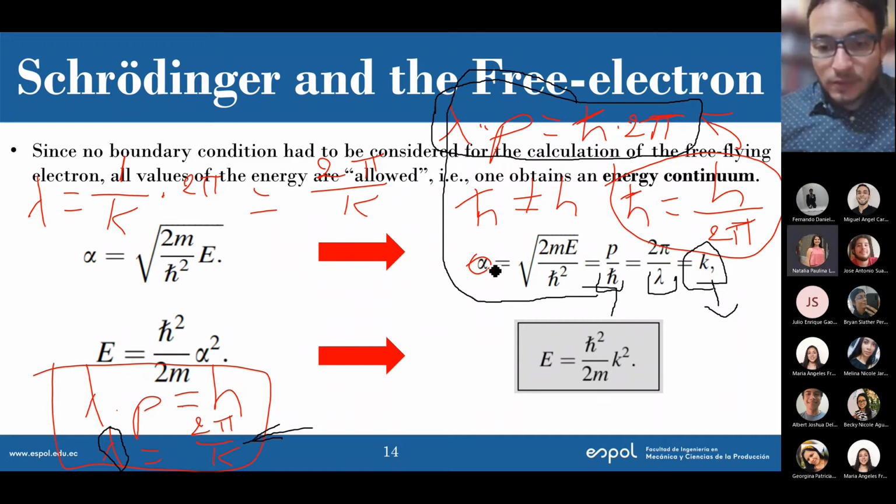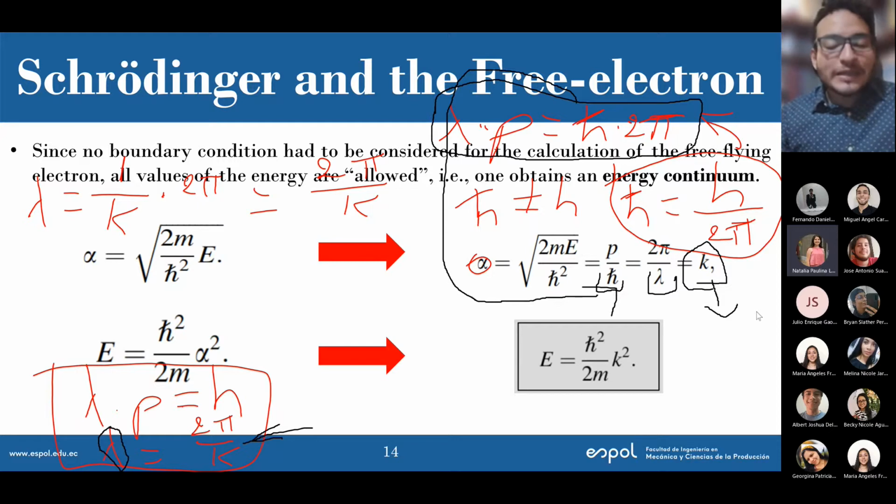Any other questions, guys, or is it clear for everyone? So alpha will be the wave number if and only if we are dealing with free flying electrons, right? Just in this case. It might be happening with restrictions as well.